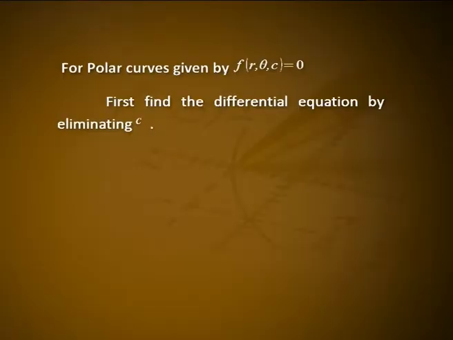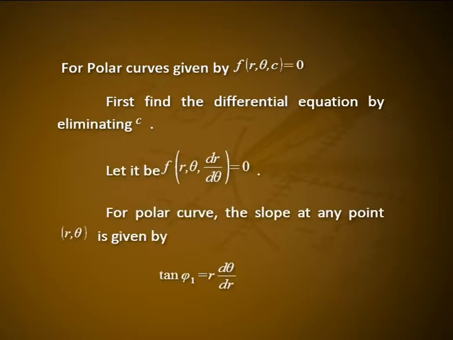B. For polar curves given by f of r, theta, c is equal to 0, first find the differential equation by eliminating c. Let it be f of r, theta, dr by d theta is equal to 0. For a polar curve, the slope at any point r, theta is given by tan phi 1 is equal to r into d theta by dr. For the orthogonal trajectory, tan phi 2 is equal to tan of pi by 2 plus phi 1, which is equal to minus 1 by r dr by d theta.